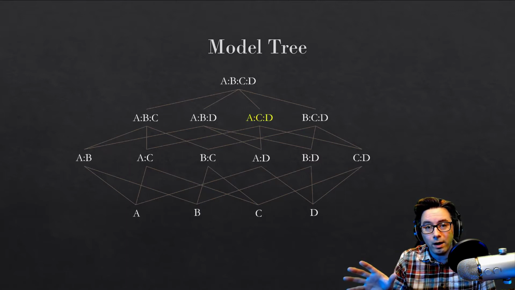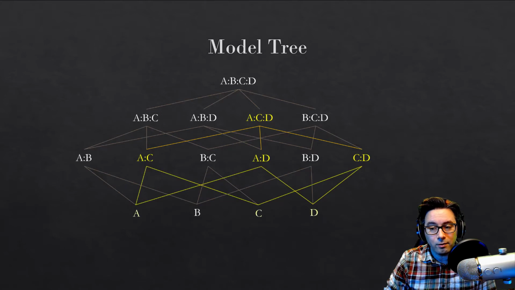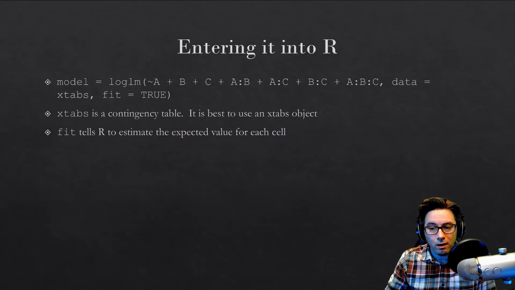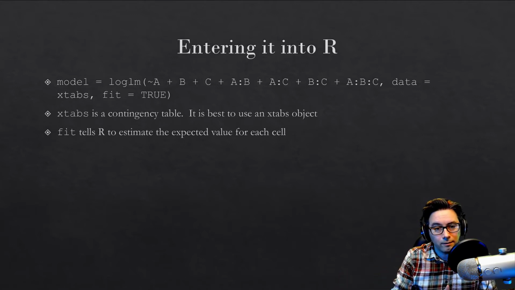And so if we're looking at ACD, then the different variables that we would need to compare are AC, AD, and CD, and then also the individual variables themselves, so A, C, and D. Okay, so when we're entering it into R, when we're thinking about A, B, C, we just need to make sure we have those bottom parts of that tree first.